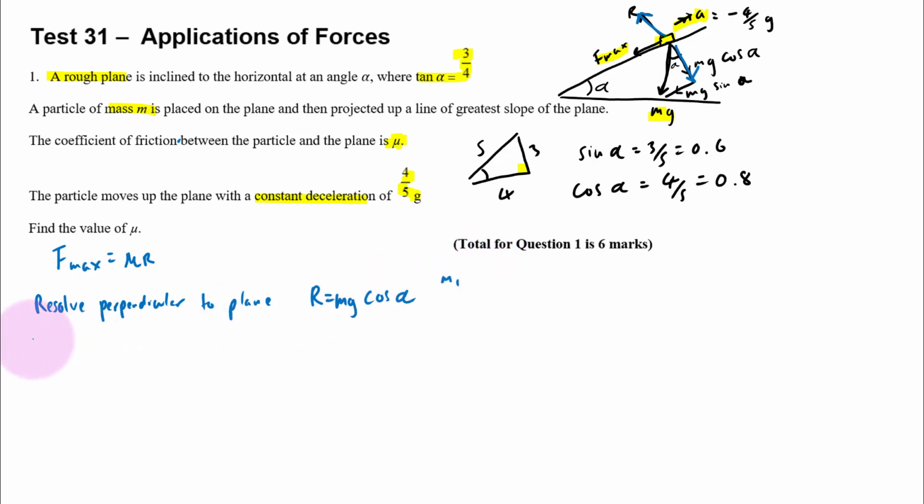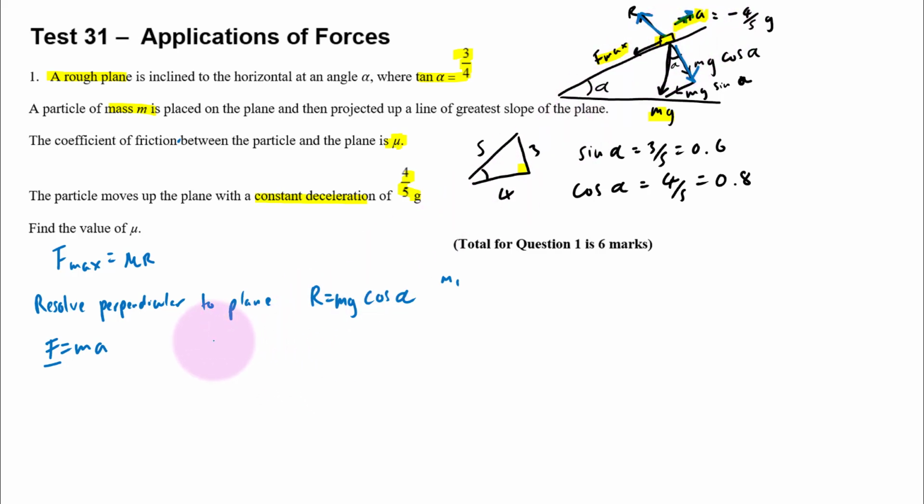We know that we have to use F equals ma, right? That's the total forces acting, so F is not on this, because remember, this here is the acceleration, which is not really a force, it's the acceleration of the particle, but it's decelerating as it goes up the plane due to friction. So what do we have?